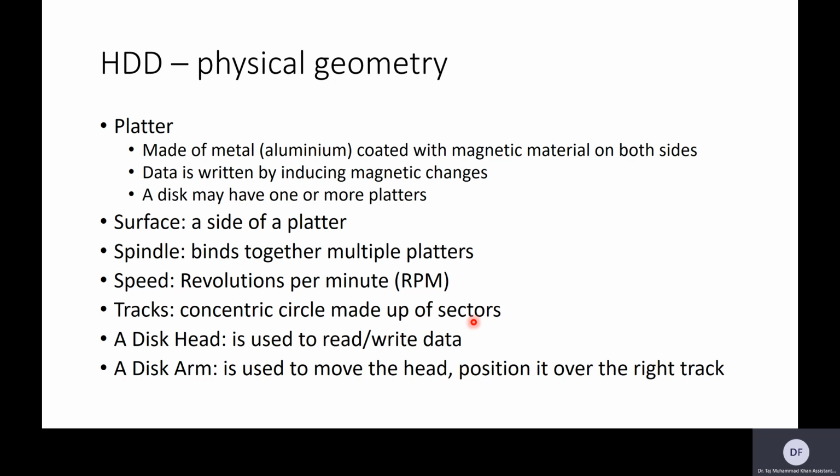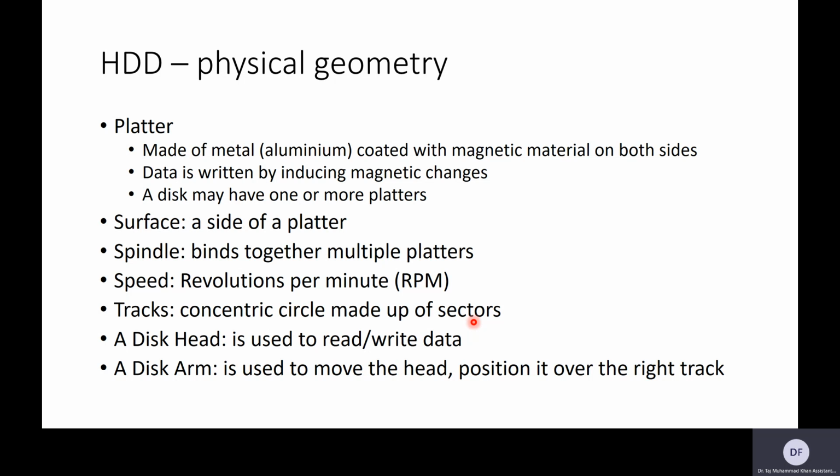Okay, so a sector, as we discussed, is a unit of storage of a hard disk, and one sector is usually 512 bytes. Okay, so data is stored in these sectors. These sectors are arranged in a circular fashion, and each circle made up of many sectors is called a track, and there are many concentric tracks on one surface or one side of a platter.